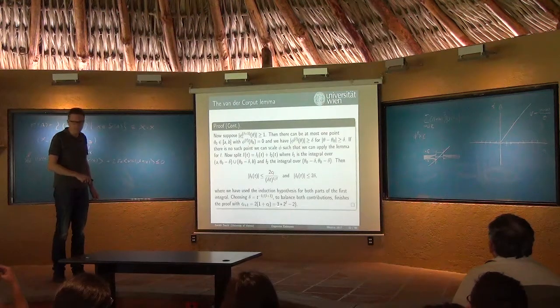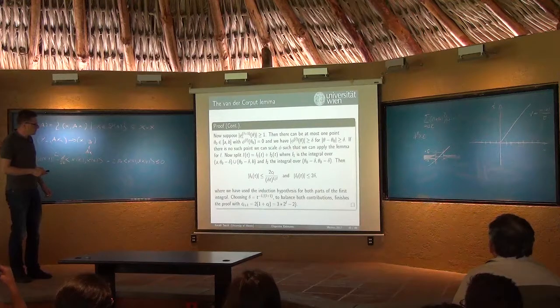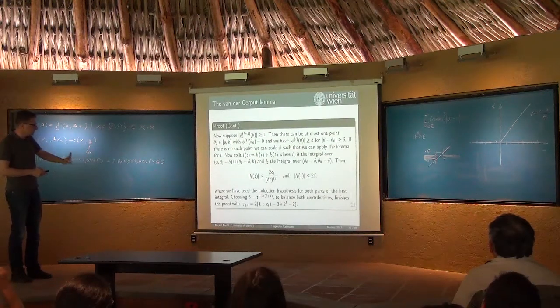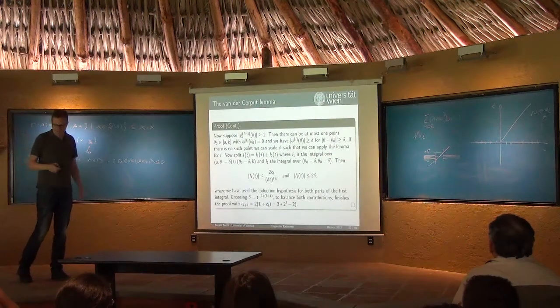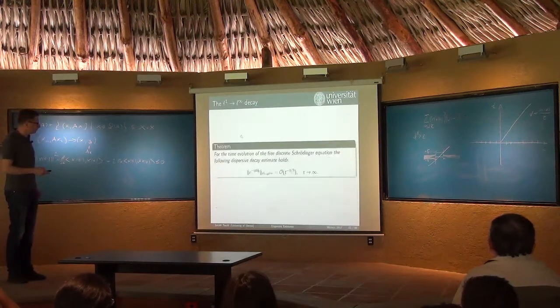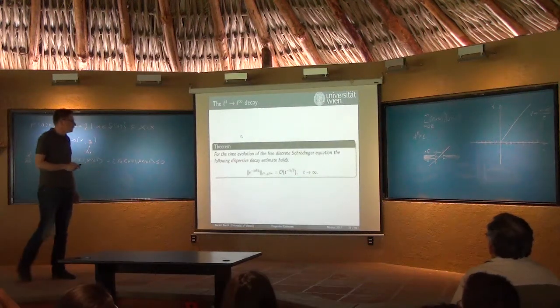You could even work it out and write down some constant, but as I said, this is far away from being optimal. The important thing is that it's a fixed constant, and in particular, it does not depend on the length of the interval.